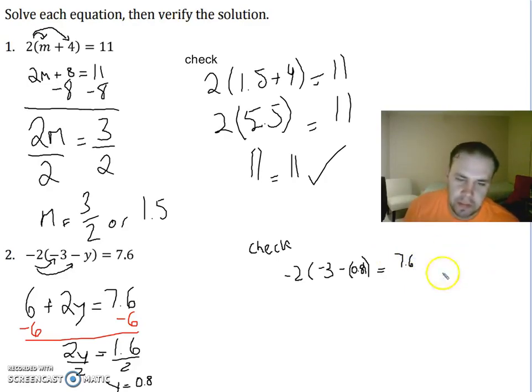So if we do this outright, so negative 3, subtract 0.8, so that is going to be negative 2 multiplied by negative 3.8.